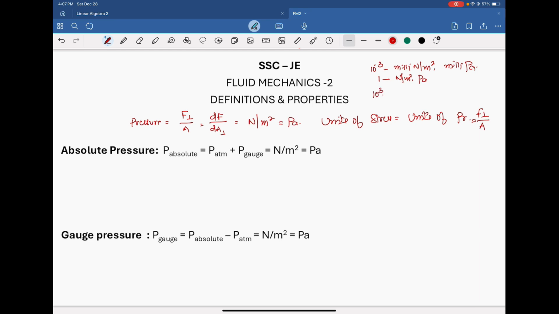Then 10 cube, 1000, is kilo Newton per meter square or kilo Pascal. 10 to the power of 6 is mega Newton per meter square or mega Pascal. Please remember this.